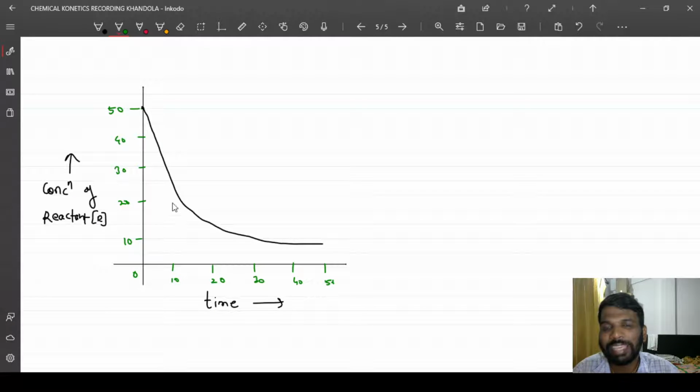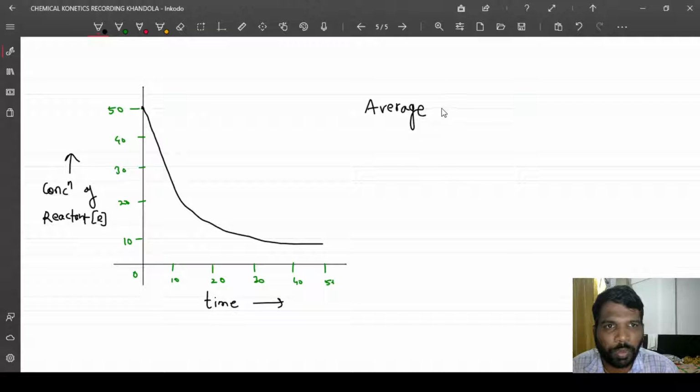So here I can find something called the average rate. First I'll explain what average rate is. It is a change in concentration upon time. So here I'll consider two time points.